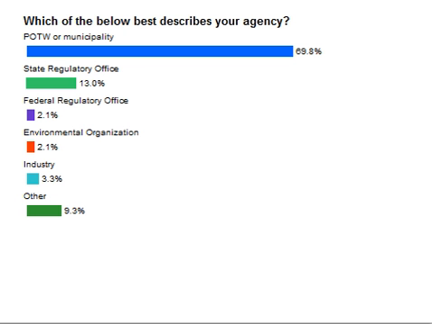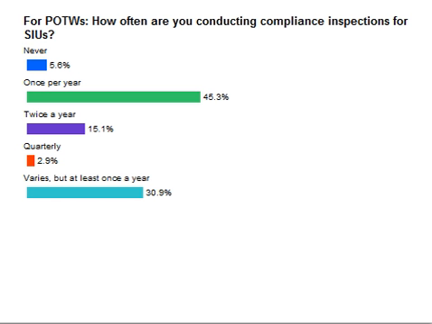Our next poll question was, how often are you inspecting? Overall, it looks like 45% of you are just doing the bare minimum at once per year, and 30% of you are doing, varies, maybe once, maybe twice, depending on the situation. Great. Christine, do we have a couple more questions for Jan?